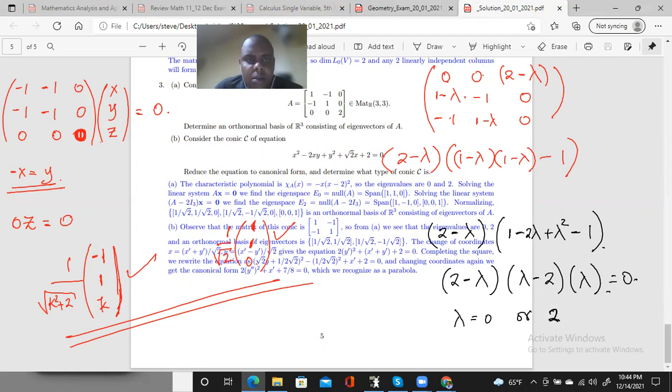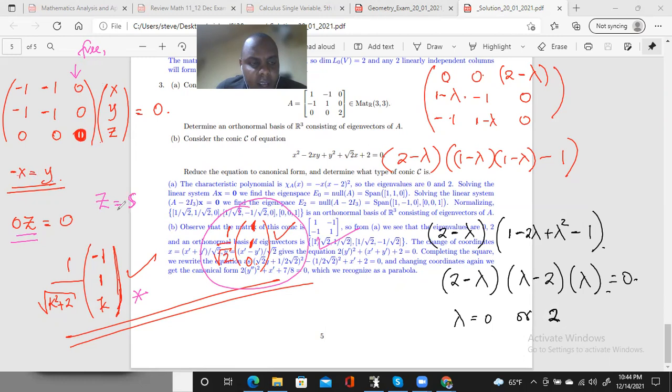So this is okay. This one is okay, right? But this one is not because of z. Remember, z was free, right? Yes. So you let z be equal to s.